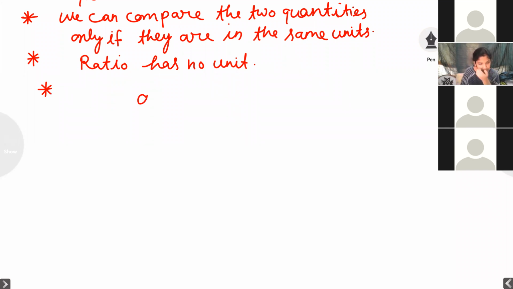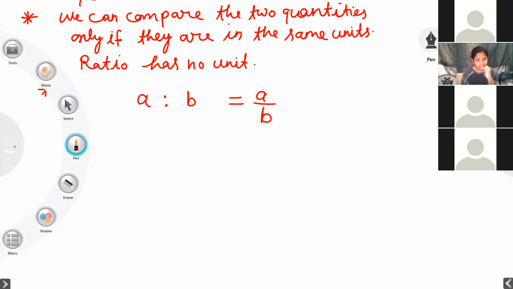How to speak a ratio: A is to B. What is the meaning of A is to B? A is to B is nothing but A divided by B. What is the name of A? What is the name of B? A is called antecedent and B is called consequent.